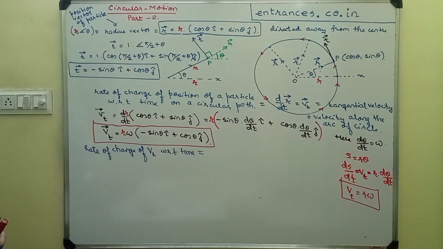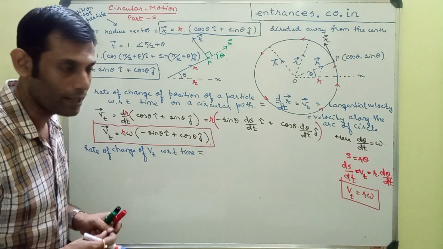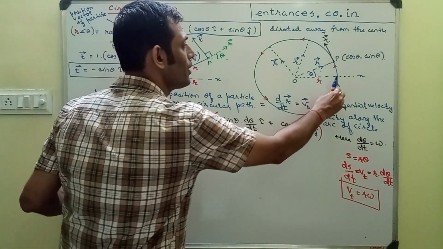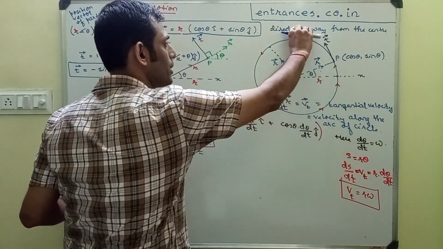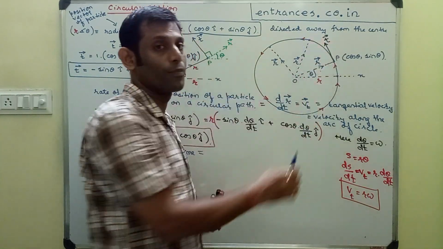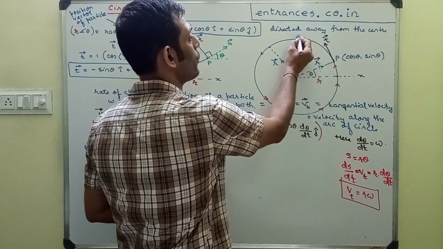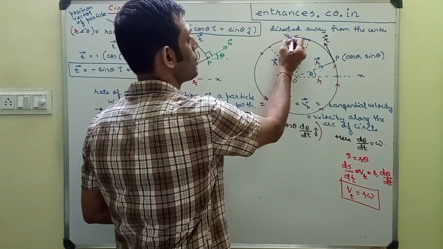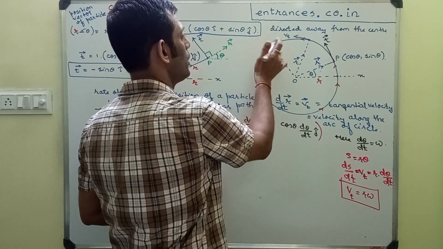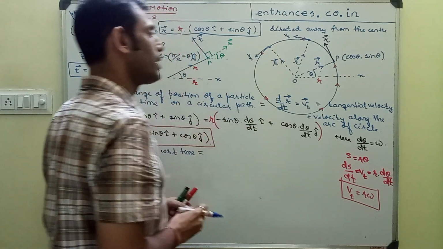Do you think this should be alone a tangential acceleration? No, I will not define it like that. I will just say that the particle is having a rate of change of speed along the arc, and as a result its direction is also changing. The tangential velocity here will be defined tangentially like this, and the velocity can be directed this way.